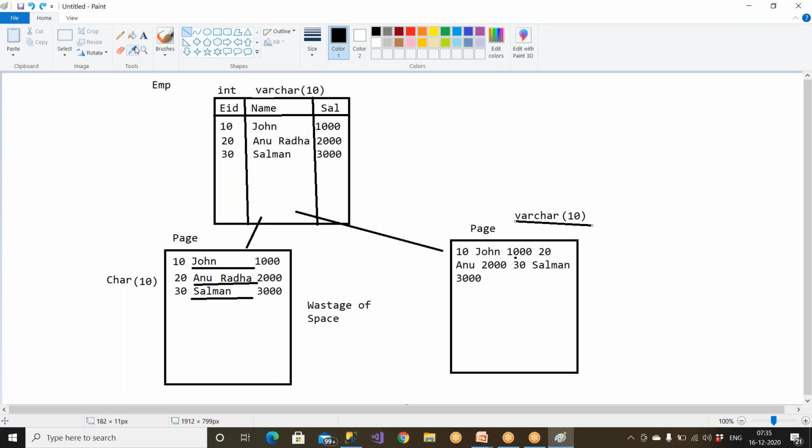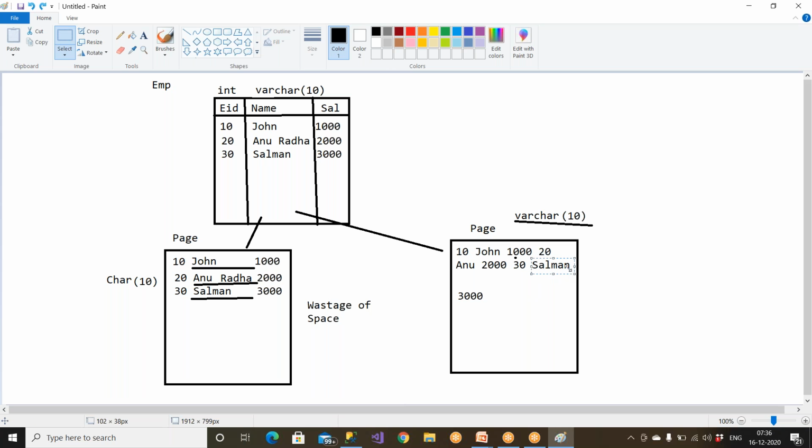What Microsoft SQL Server is going to do, if you wanted to give Anuradha here, it is going to bring all the data down. It will adjust a lot of things. Now it will be a big problem for us.